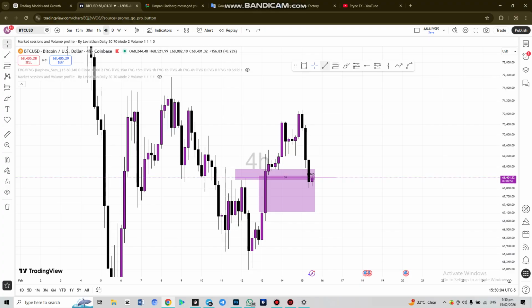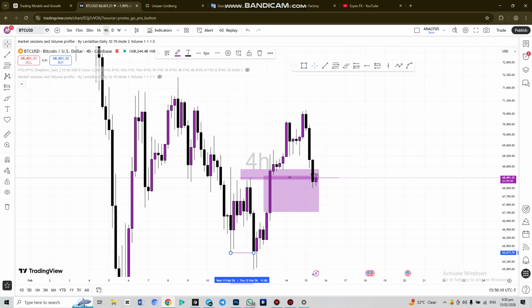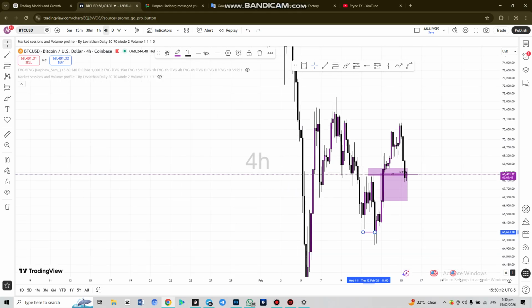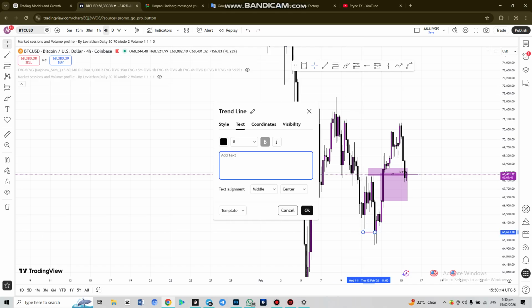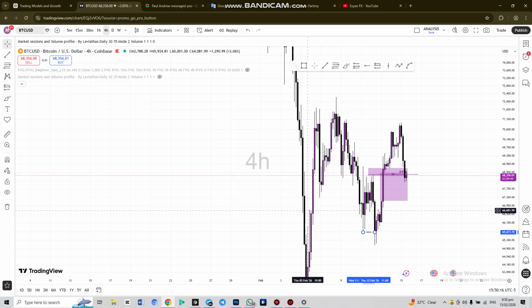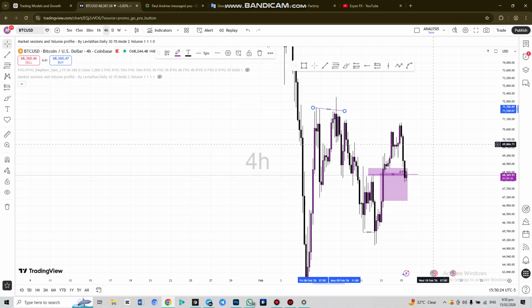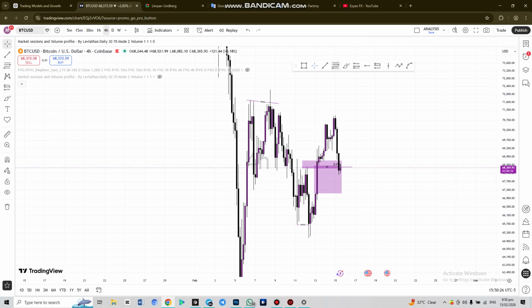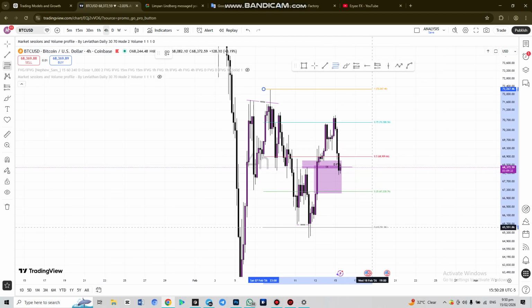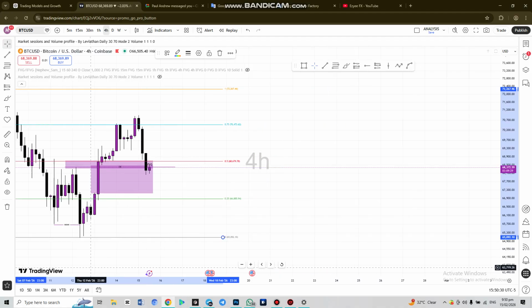One thing I normally do is take the range of that particular market. There's a sweep of liquidity here, and also a sweep here that happened. Then I will take my range from this high to this low.